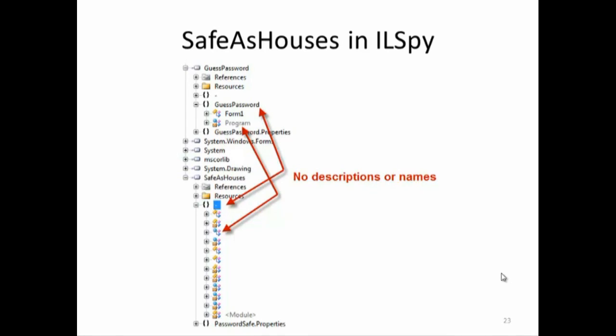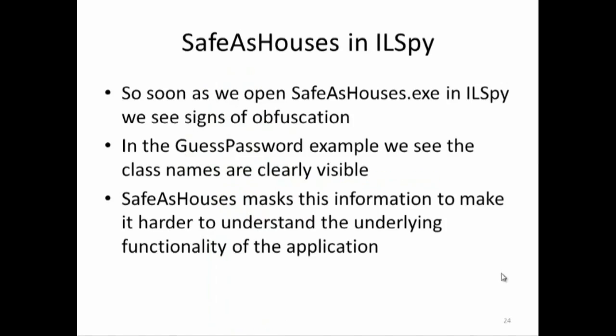These are the names that were applied to these classes. Down below, in Safe as Houses, all of a sudden, you don't even see the name of the application. So Safe as Houses is removed. It's just a hyphen. And then all the other code blocks below are missing descriptors. There's nothing there. So immediately we see signs of obfuscation.